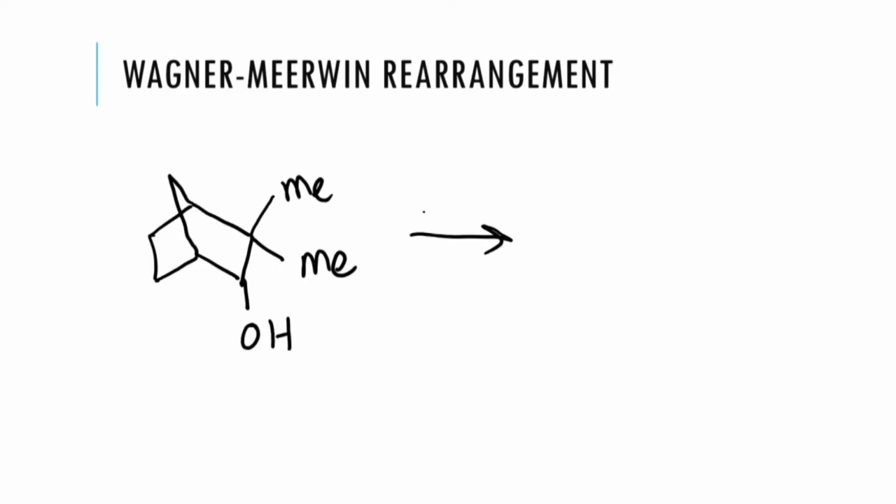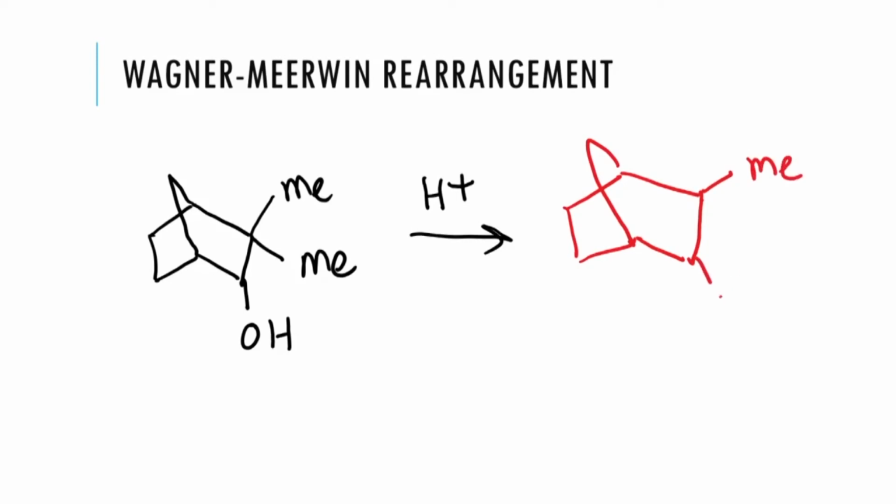And so when you expose this to an acid, what you would expect is that this gets protonated and it's lost. And we'll look at the product, but this is something that you can expect right away.